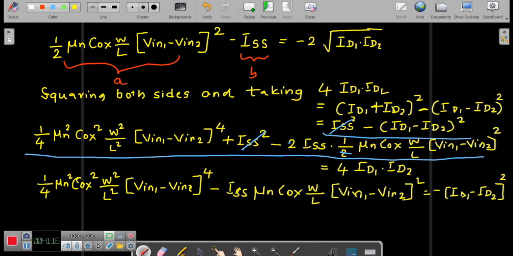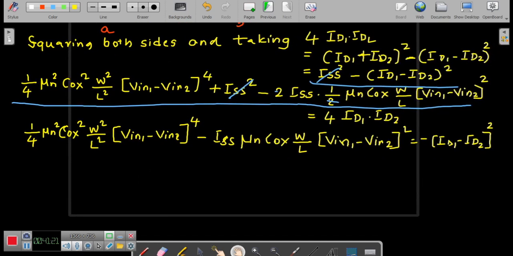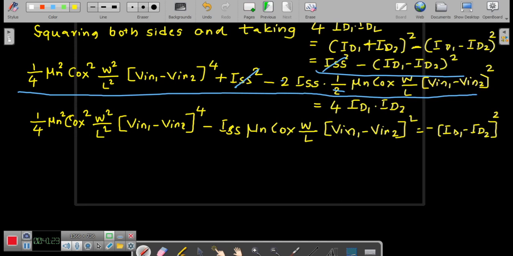So you get a slightly lengthy equation now. Okay, so it is just a mathematical manipulation. We have still some more steps.